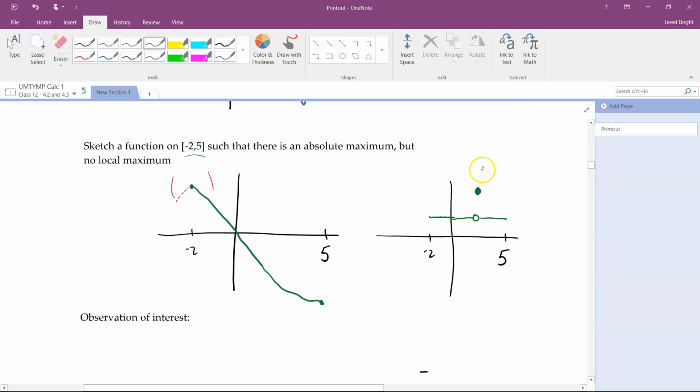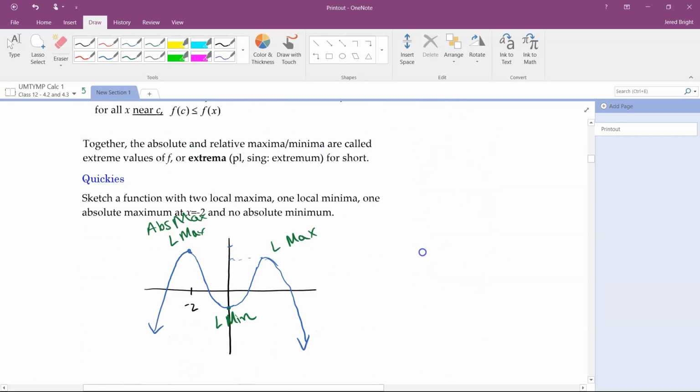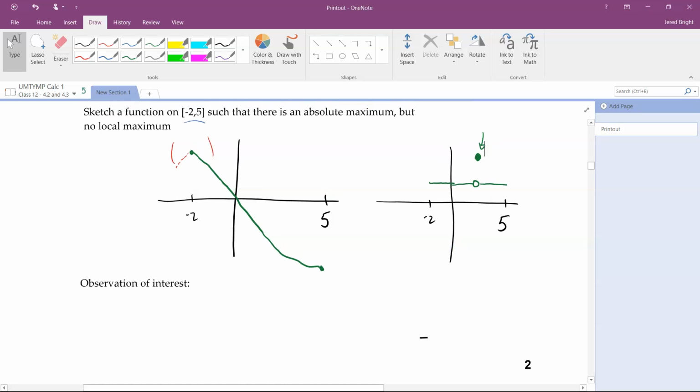This would technically qualify as an absolute max, but is it a local max? According to the definition, yes and no. You may have thought that this point of discontinuity would have worked. According to the definition, it does work, but it's something where I would look questionably at it.